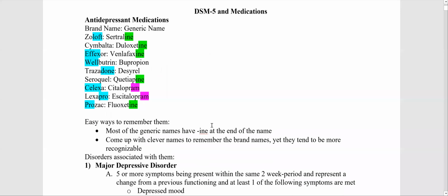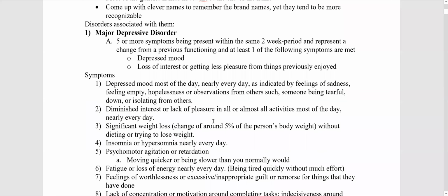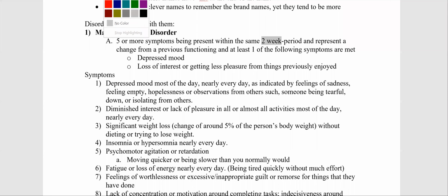But let's get into the disorders that we often see when we see these medications. And the first one up for the depressive disorders is major depressive disorder. And an easy way to remember the difference between the depressive disorders, there's often two that we will discuss. There's major depressive disorder and persistent depressive disorder. And if you remember that number two, you'll never forget the length of time to diagnose them.